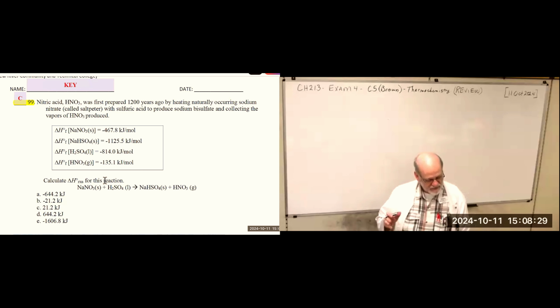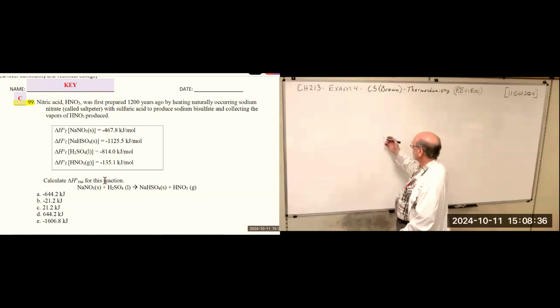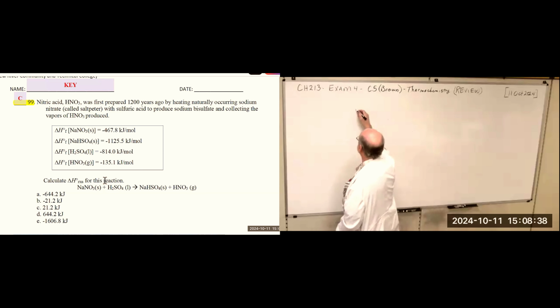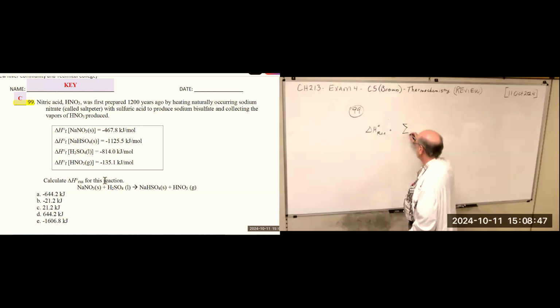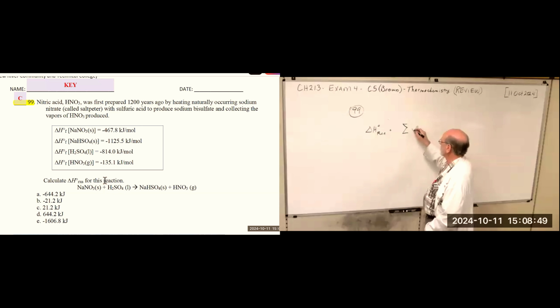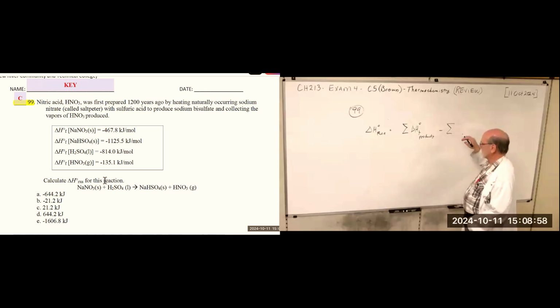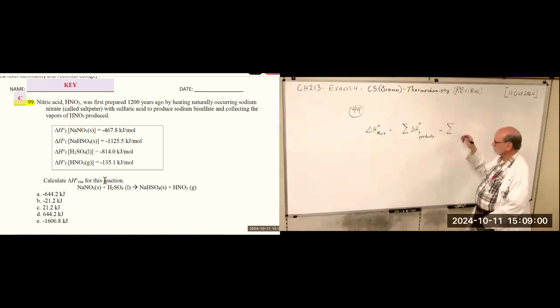So in order to find out the delta H for these, if we have the formation heats for each one, all we need to do, let's see, this is 99. All we need to do to find the delta H of reaction for this one is we sum up all of the heats of formation of the products and subtract, that's what that sigma means, summation.